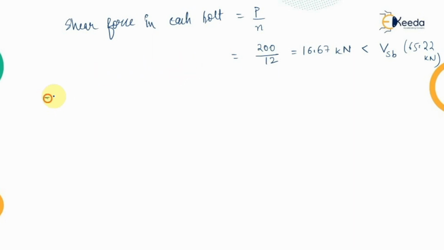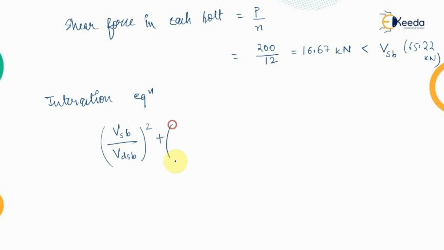Now we need to check for the interaction equation. So the interaction equation is given by the equation as VSB divided by the VDSB, its square, plus T max or the T bolt, that is the tensile force in the bolt, divided by the design tensile force, its square, and it should be less than or equal to 1.